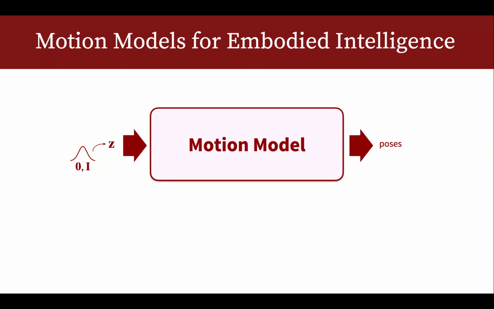This allows us to build generative models where you can start from a random seed and ask the model to generate infinitely long human motion sequences that are random, but learned from a real human distribution.